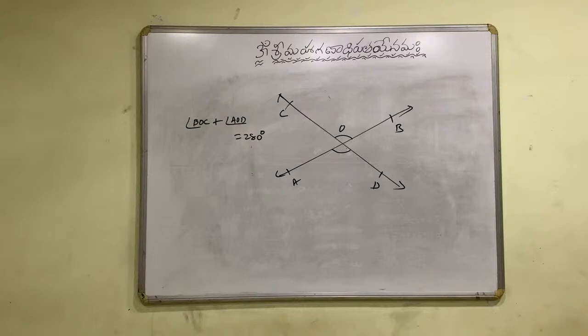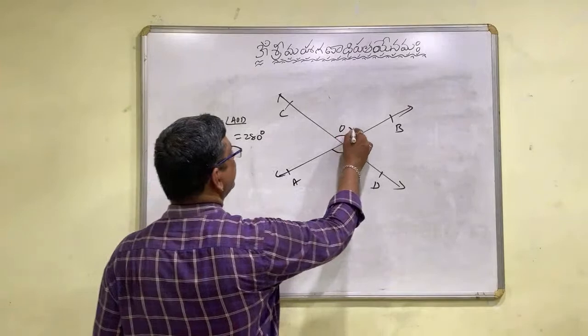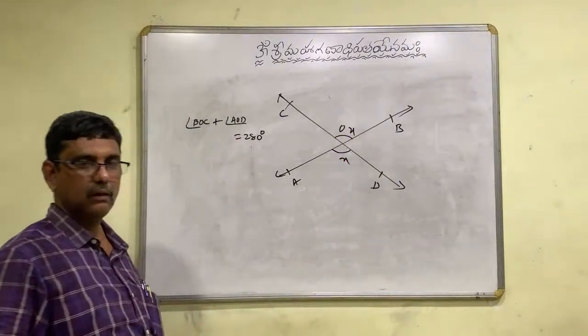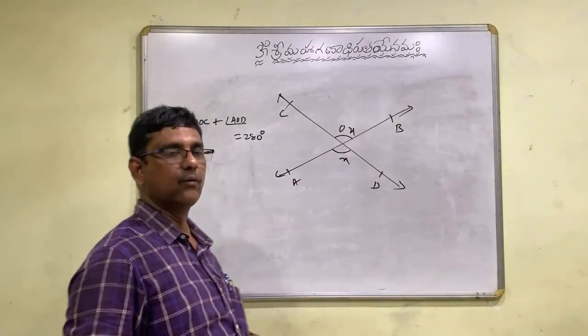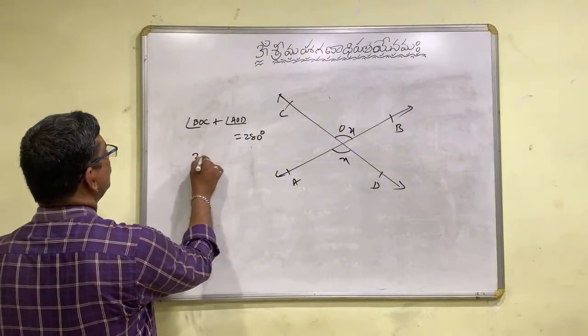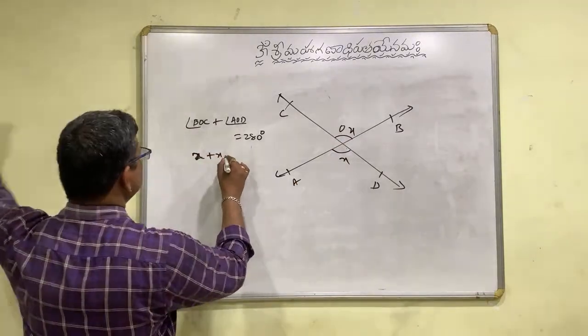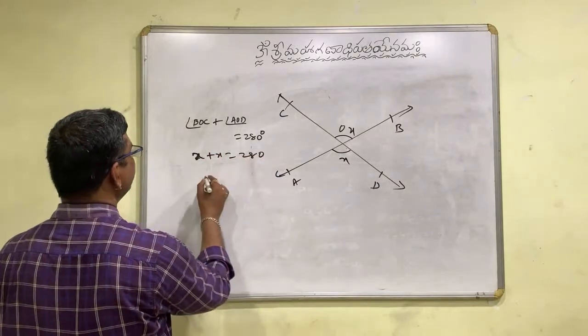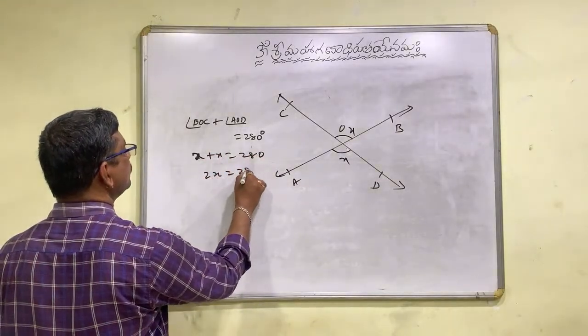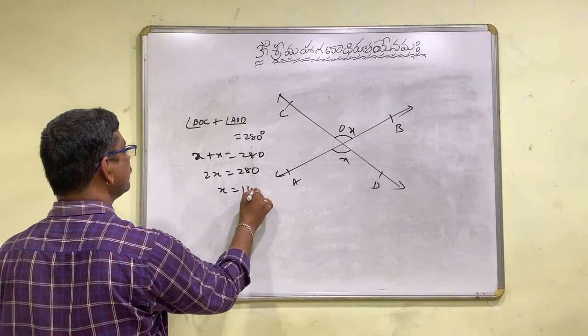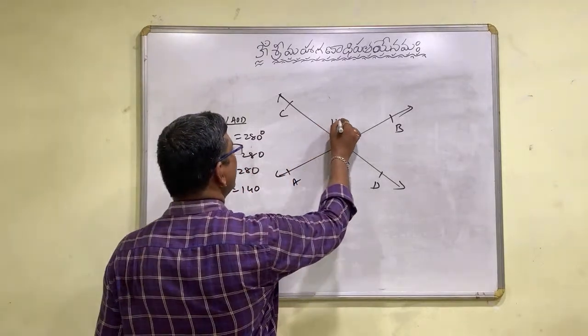Vertically opposite angles. Correct. These two angles are equal. So x plus x is 280, then 2x is equal to 280, x is 140. So this is 140.